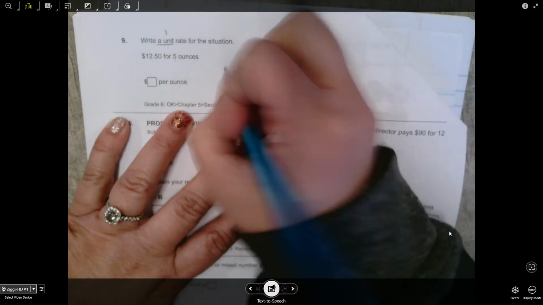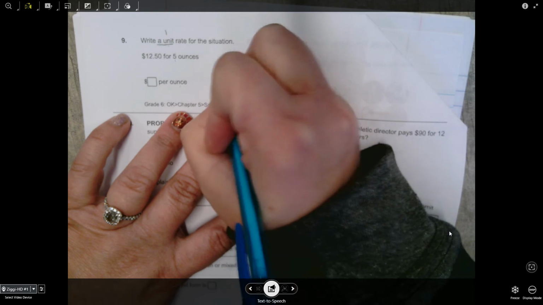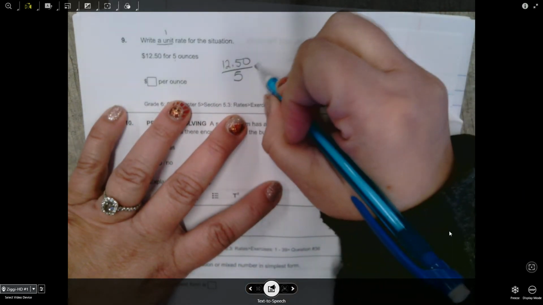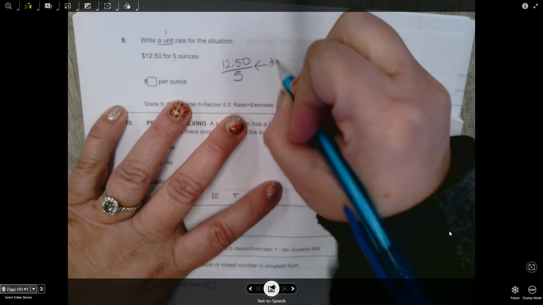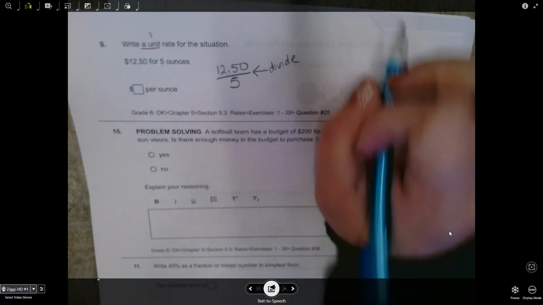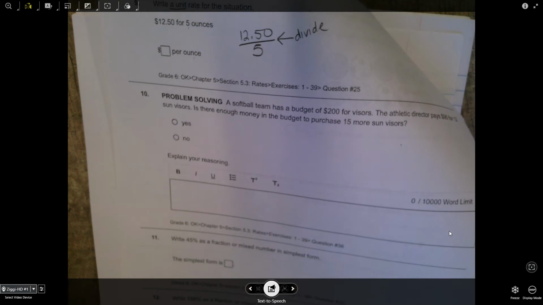So what you're going to do, $12.50 for 5 ounces. Remember, this line means divide. So you will get on your calculator and you will divide 12.50 divided by 5.